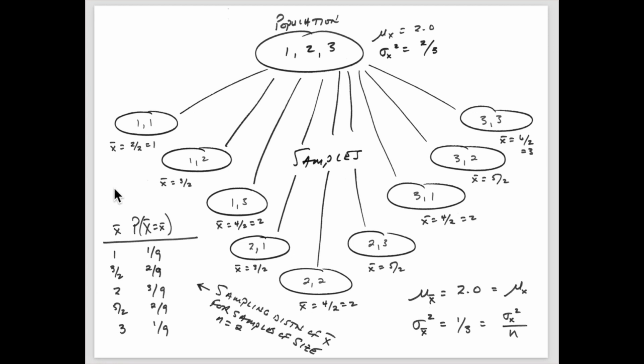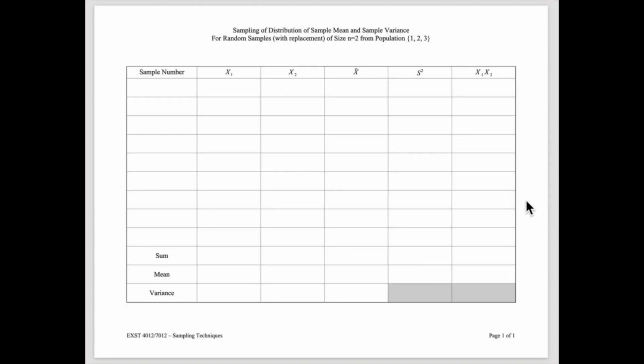To use that more expanded approach, we used this template table. There were 9 possible samples in the situation, so I've created this template so that it has 9 rows in the body of the table. Underneath, we've got some rows for summaries. In terms of the body of the table, we have rows for the 9 samples.